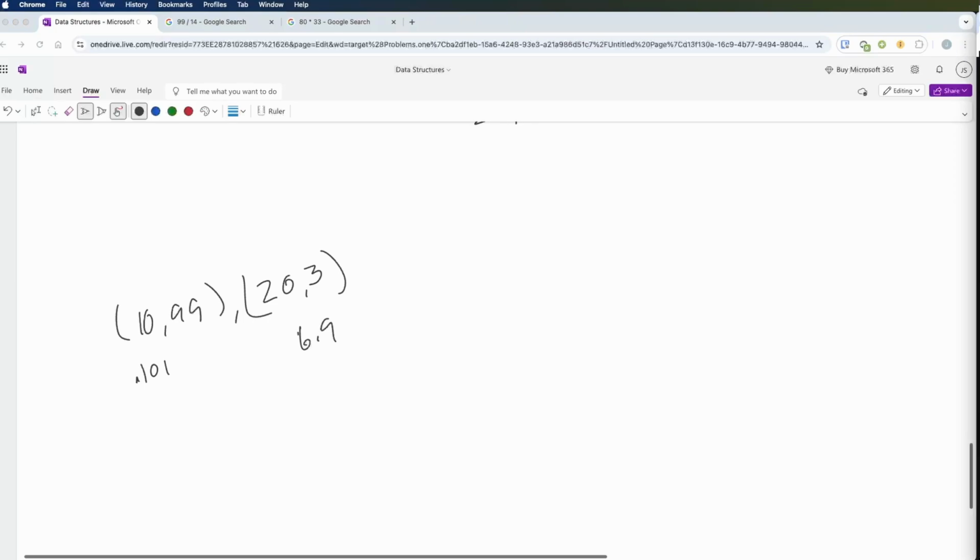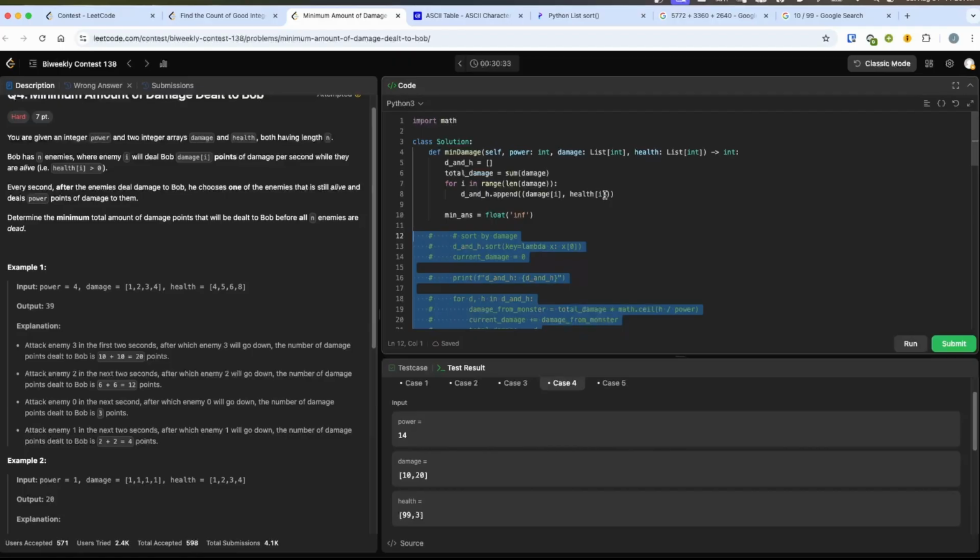Right. What if we also add our damage to health ratio? So damage by health.